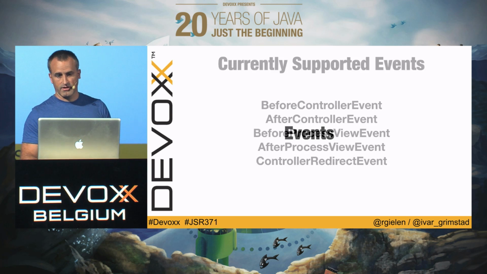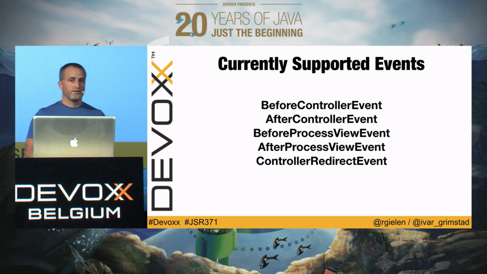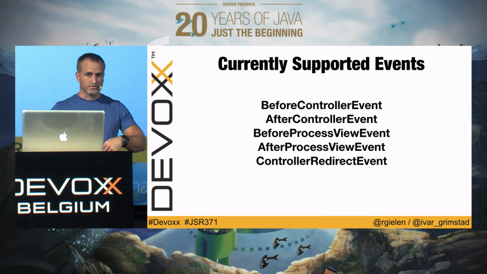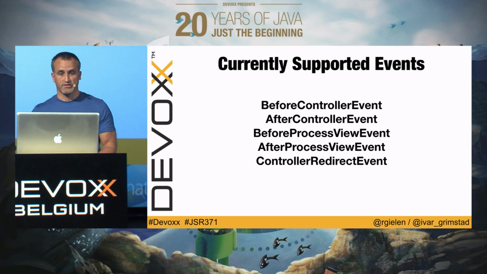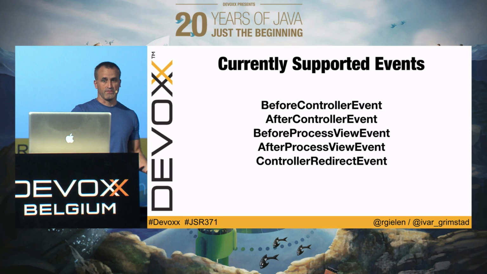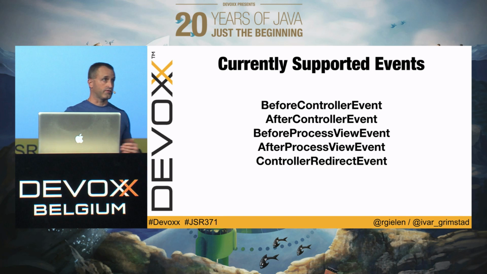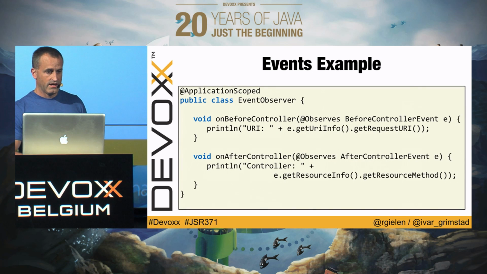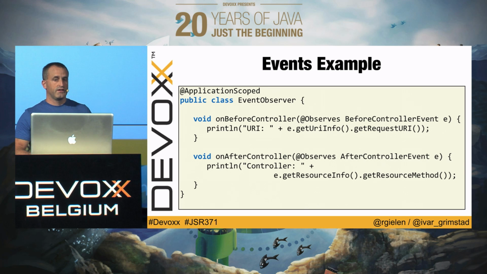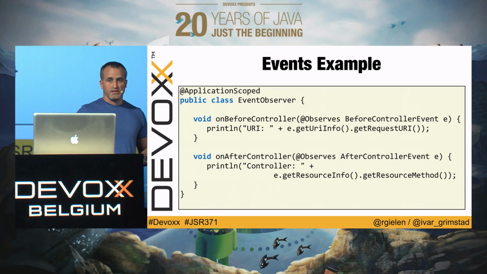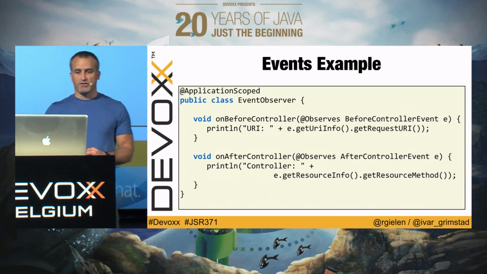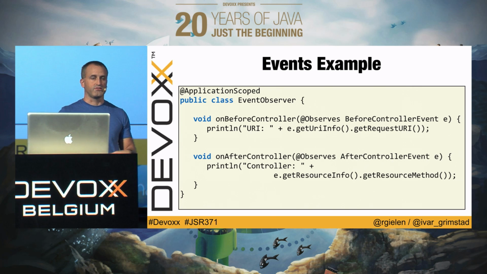The events that we are currently supporting are the before controller event, after controller event, before process view event, after process view event, and controller redirect event. And there may be more coming. These are the ones that are supported currently. An example of how you observe these events is that you simply, on before controller, for example, observe the before controller event and you do something.